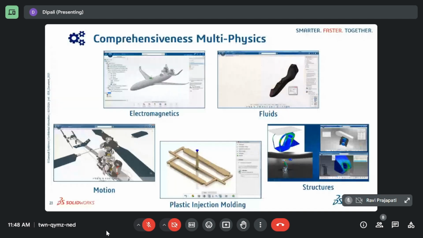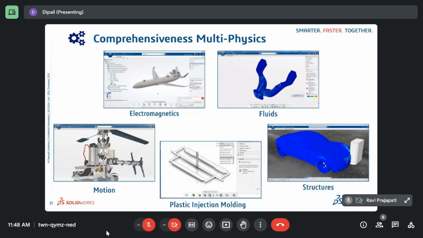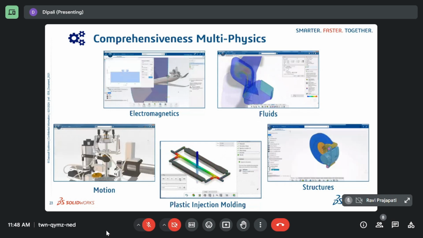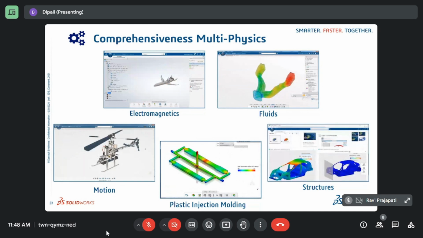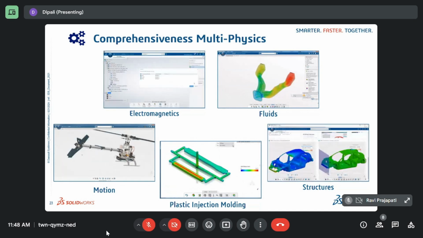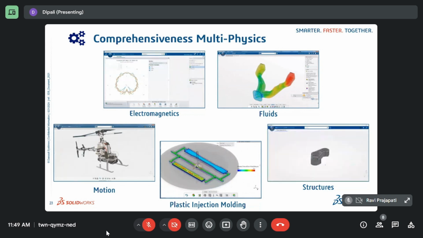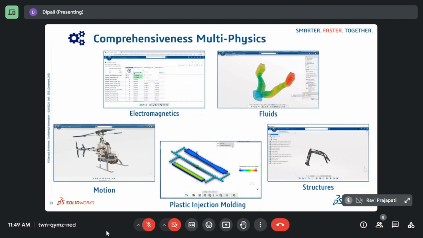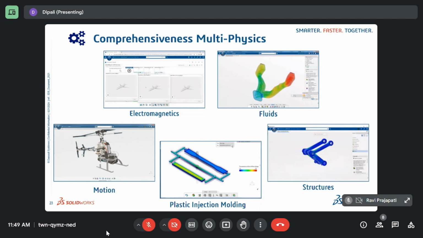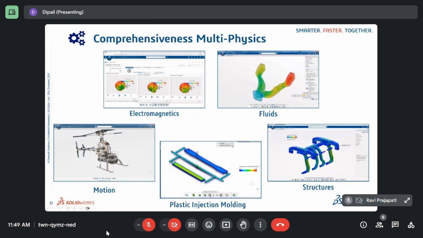Basically Simulia deals with these kinds of multi-physics environments. For simplification in simulation, the multi-physics are divided into various segments, such as structures, which follow solid mechanics, then fluid, which follows the fluid mechanics part, then motion, which is considered as the theory of machines or say kinematics and dynamics, and the other is electromagnetic, which follows the electromagnetic engineering principles, and last we have plastic injection molding, which has similar functionality regarding the fluids.